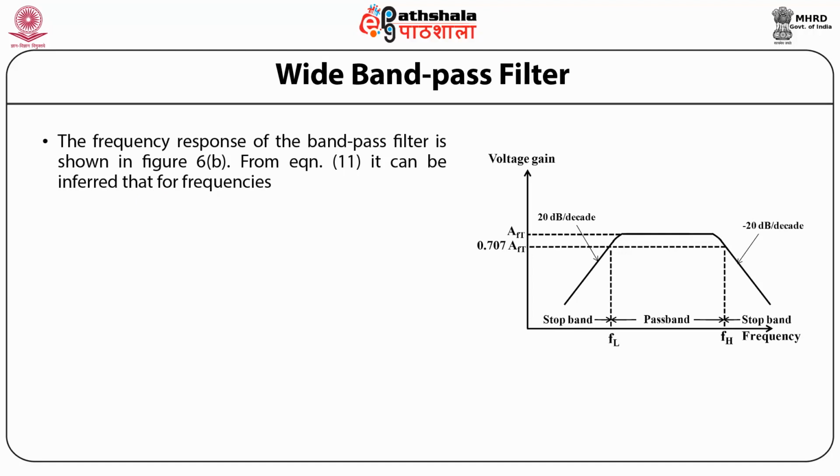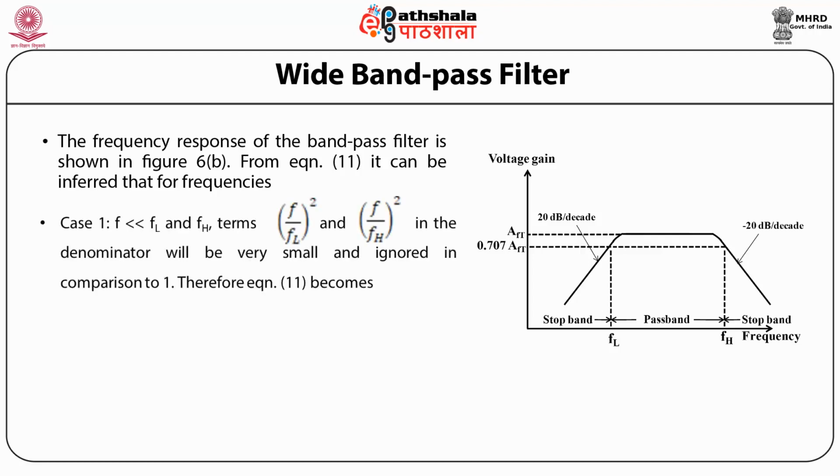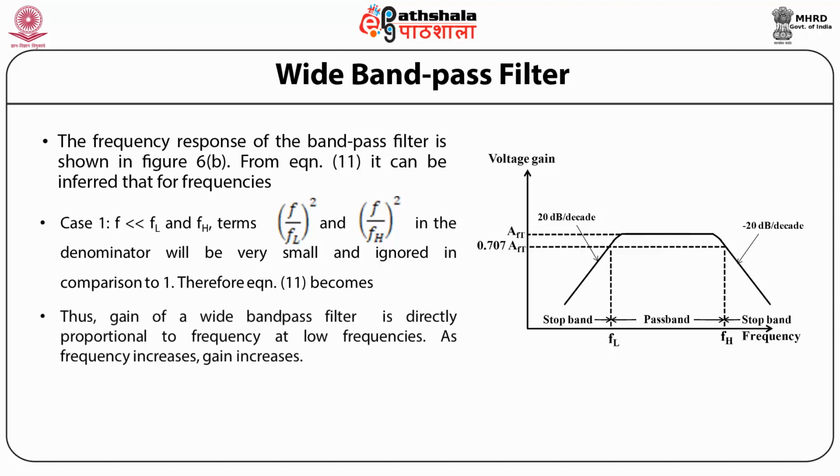From the expression of magnitude of voltage gain, it can be inferred that for frequencies in the first case, that is frequencies f much less than fL and fH, terms f by fL whole square and f by fH whole square in the denominator will be very small, and thus can be ignored in comparison to 1.